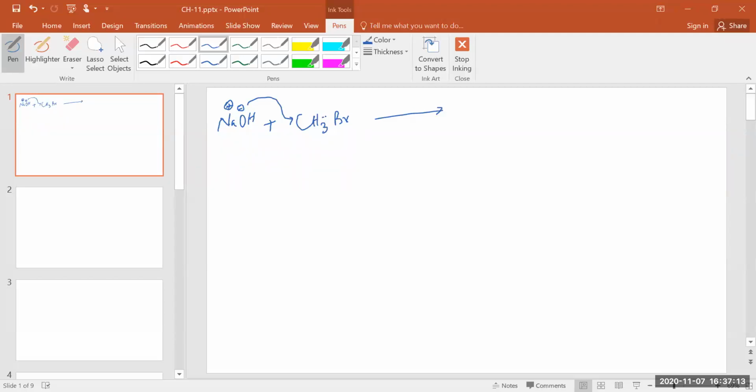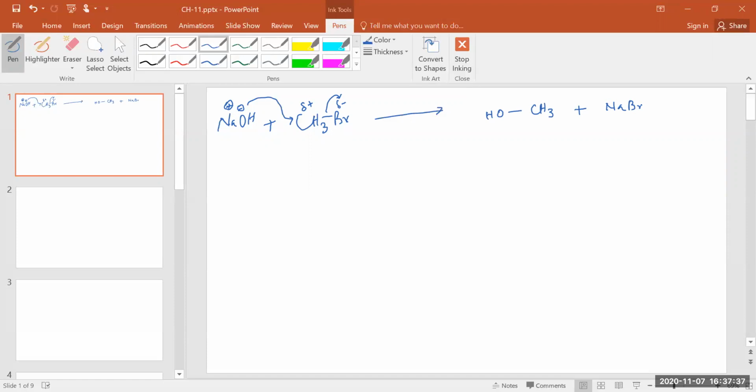Here you see this carbon has delta positive and bromine delta negative, and then bromine will leave in the form of bromide. So the product here will form CH3OH, that is methanol, plus sodium bromide.